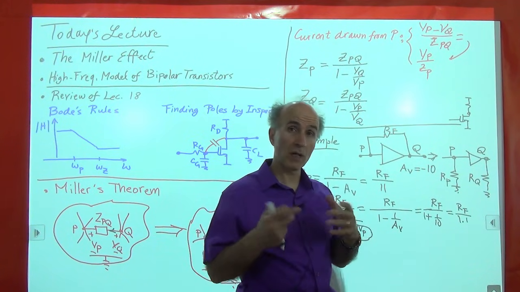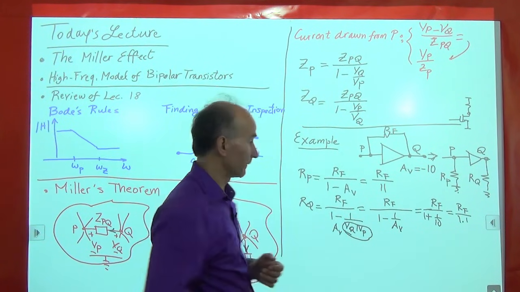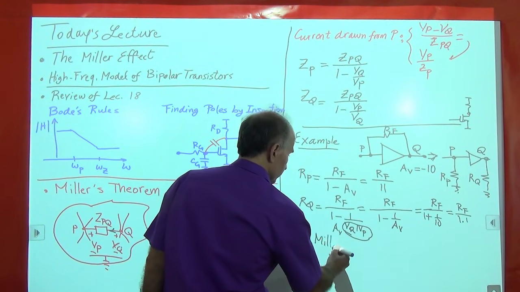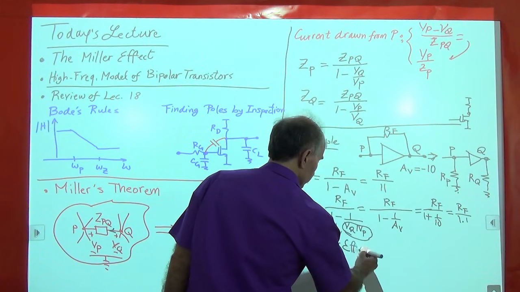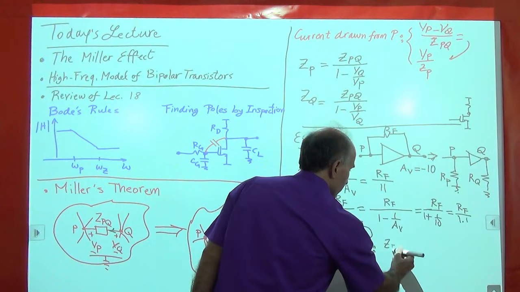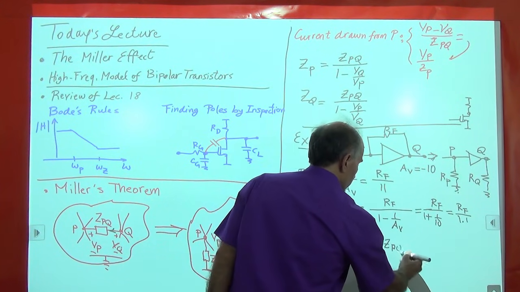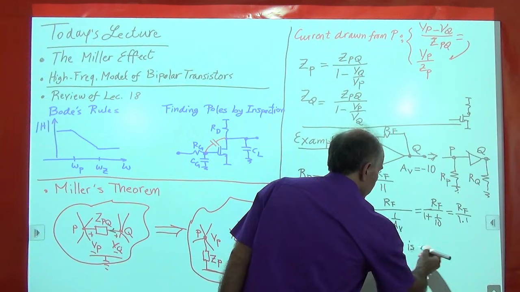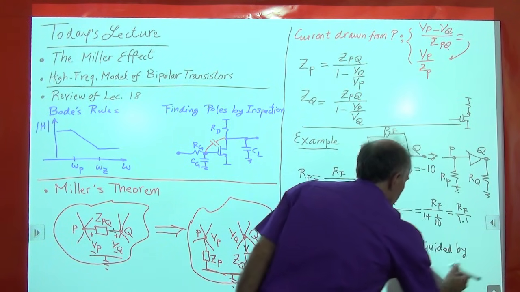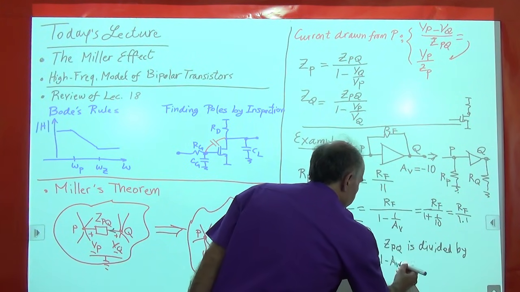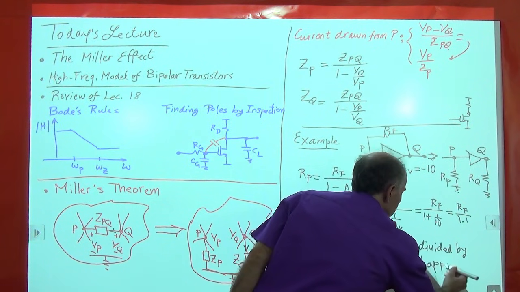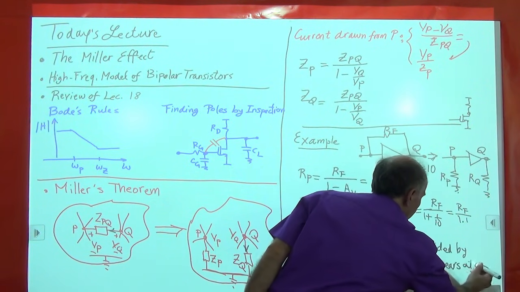So this is one aspect of what we call Miller effect. So the Miller effect says that the impedance ZPQ is divided by 1 minus AV as it appears at the input.